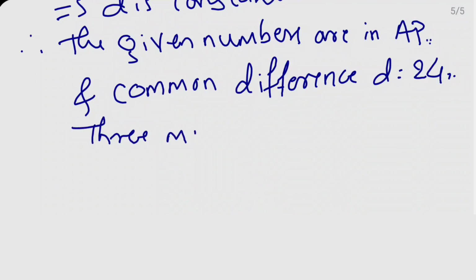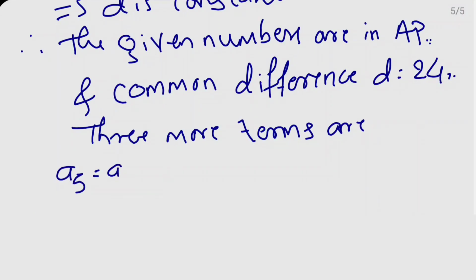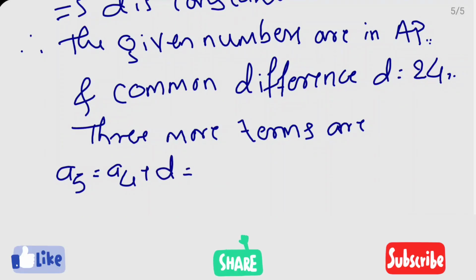Three more terms are, so A5 is A4 plus D. So here A4 is 73 plus D is 24. So here 97.